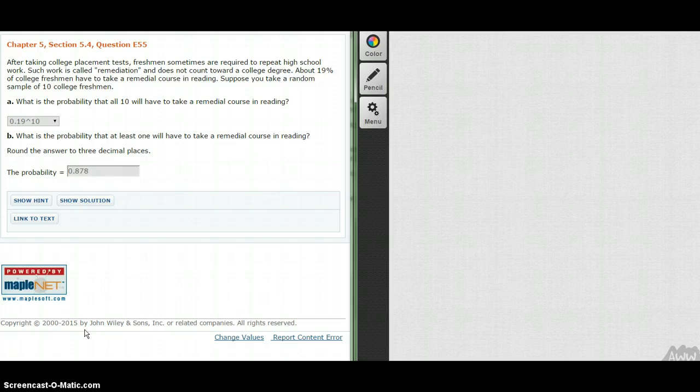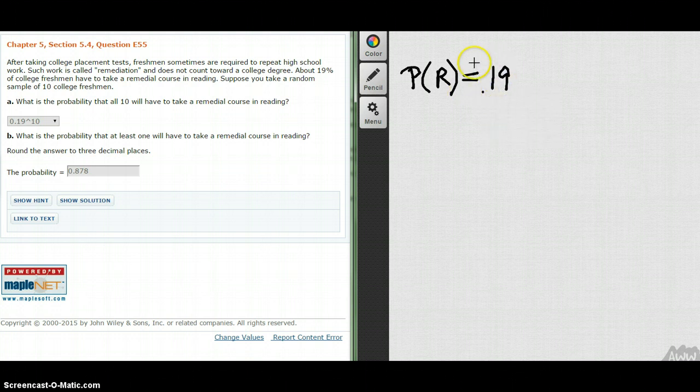In other words, essentially we have an independent situation here, so let's go ahead and put this in. The probability of remediation for our first student would be 0.19.